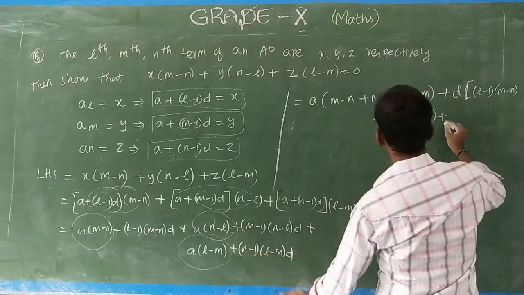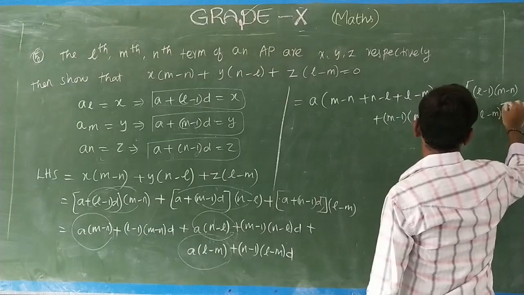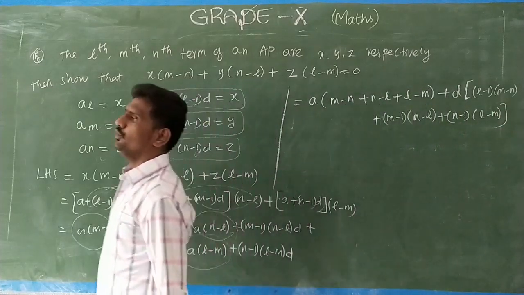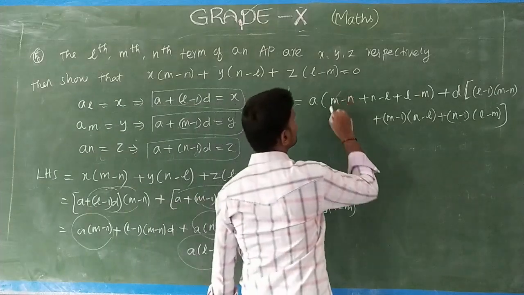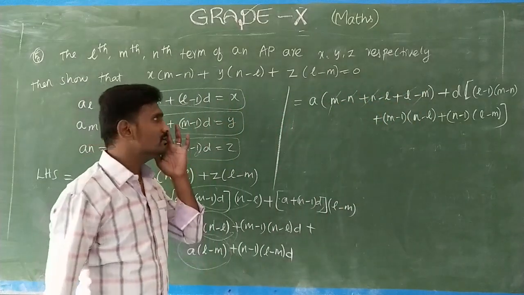Then finally (n minus 1) into (l minus m). Yes, students? Okay. So in terms of a, plus m minus m, plus l minus l, plus n minus n are all terms of 0.